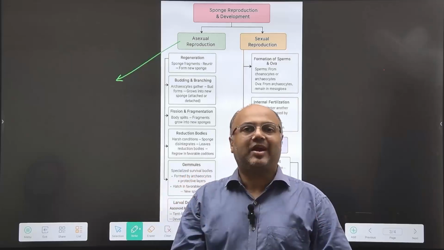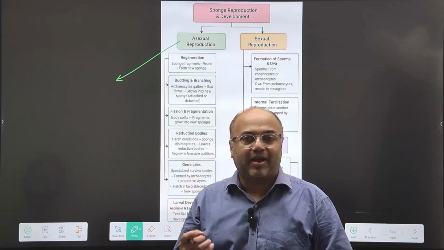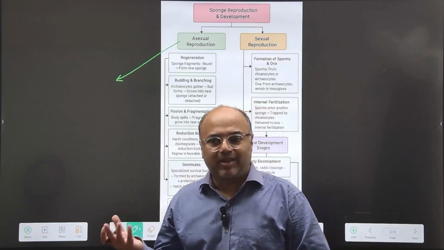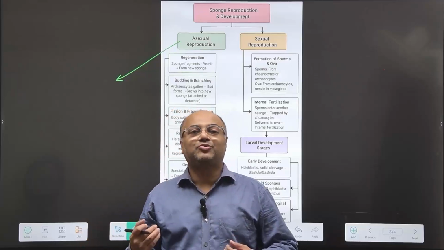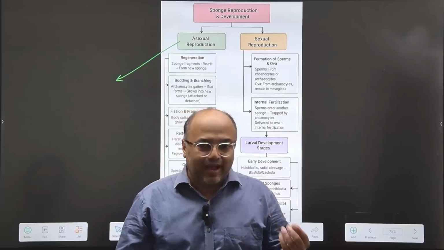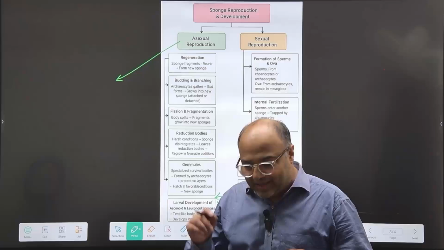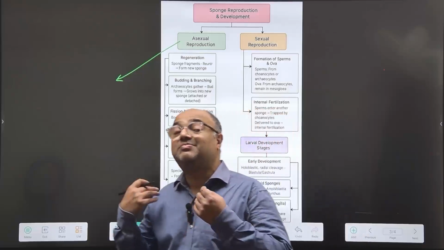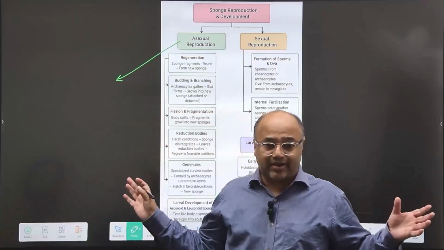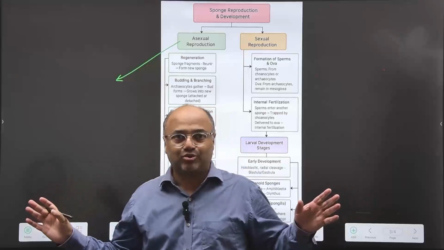Gamete formation might happen, and the gametes might give rise to an animal parthenogenetically, like in honeybees, where male drones are produced asexually from the unfertilized egg cells of the queen. So gametes are there in some cases, but in most cases gametes are not even required in asexual reproduction. You don't require germ cells also.